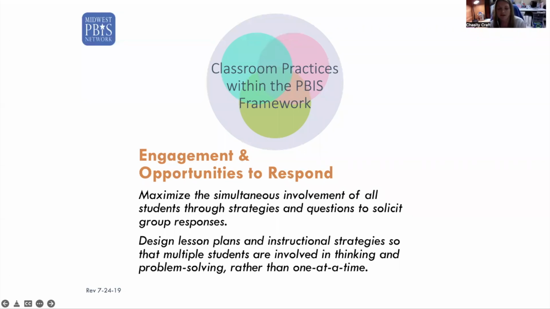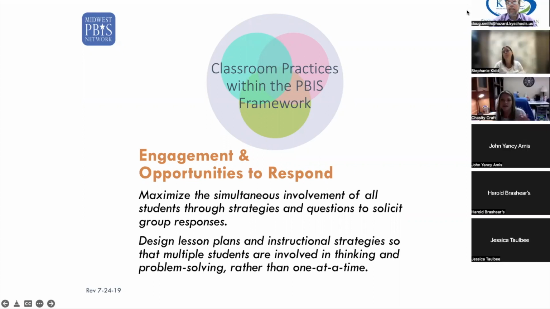For example, if she's going over a definition of a vocabulary word, and you have the word friendly, and you say, an example of being friendly is nice. What is the answer? Nice. And it encourages them, so they just repeat back, and all they have to do is listen. So that gives the opportunity. You're giving them the answer, and then it gives them a chance to respond back to you.